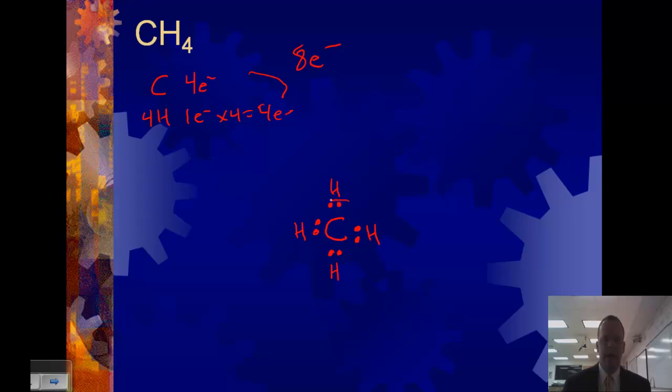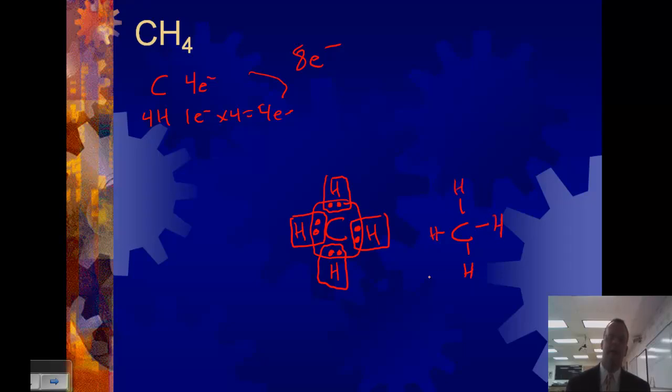You'll notice that now I have 8 electrons around carbon, and each hydrogen has 2. So you could just as easily draw each of these pairs of 2 that are shared between 2 atoms as a line. So you could also see this drawn as a carbon with 4 hydrogens around it.